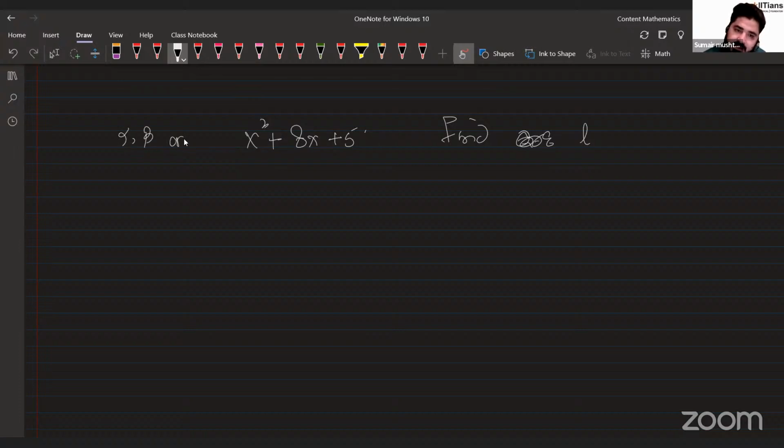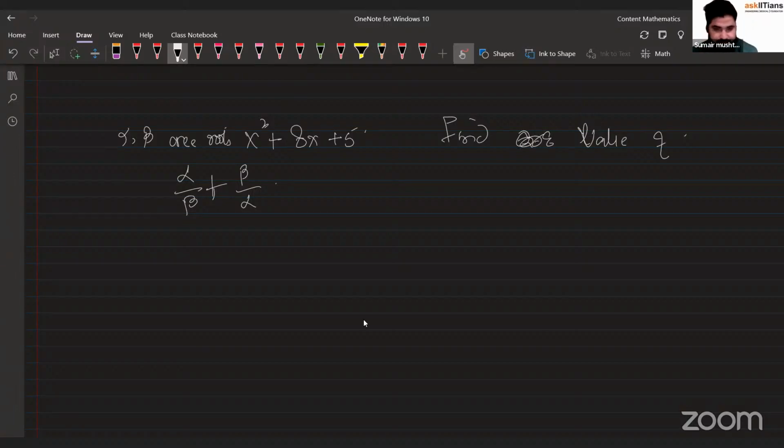Alpha, beta are roots of this. Find the value of alpha divided by beta plus beta divided by alpha. Yes. Can we do it? Every one of you, can you do it? Come on, do it.